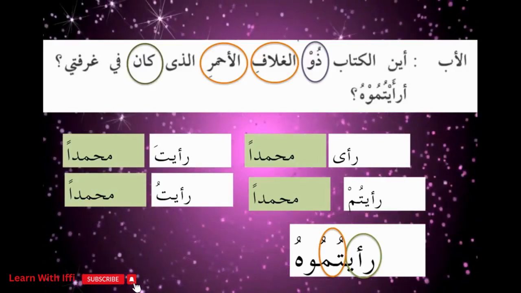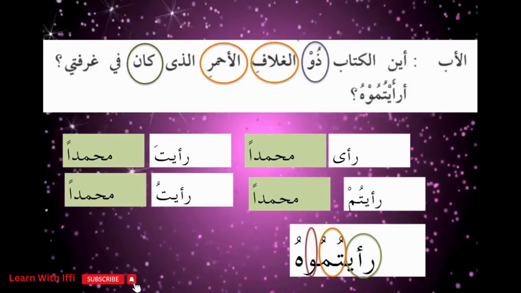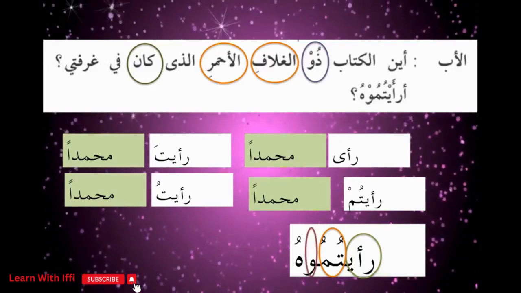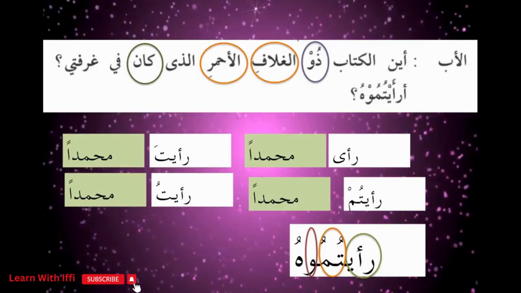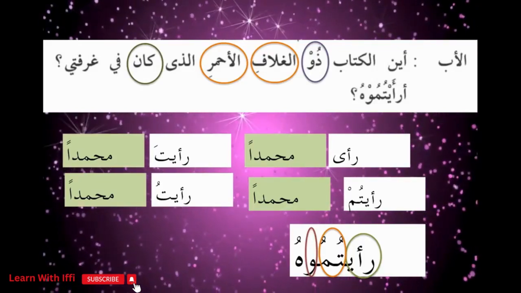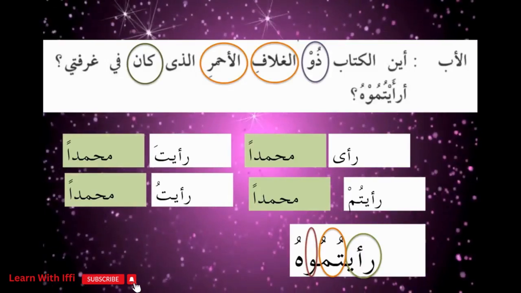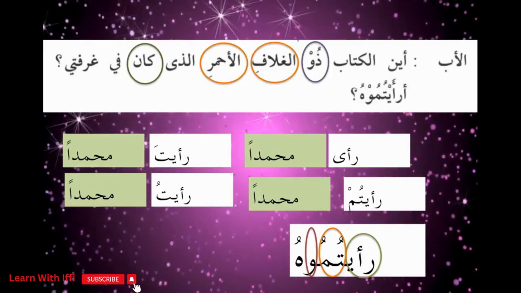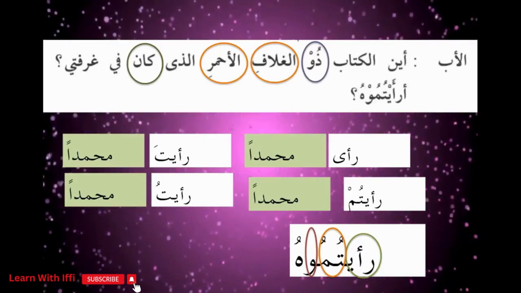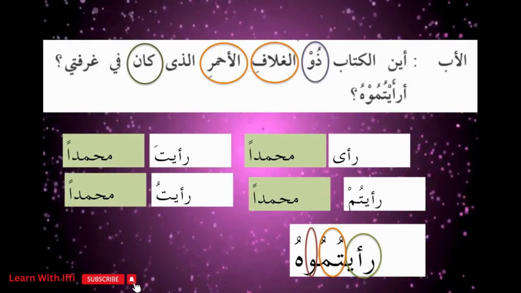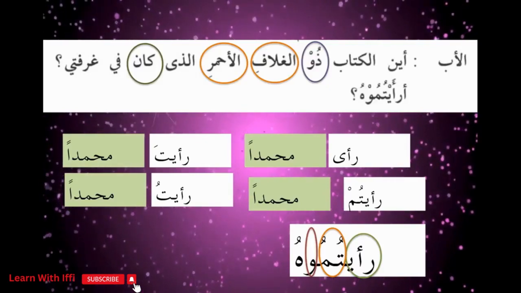But along with dhamma, there is another addition which we write wow. The wow is added only in antum and when it is attached with the attached pronoun. So ra'aytumuhu. We'll see a lot of this in the Quran. And again, if ra'aytum is followed by al, then we don't write this wow.